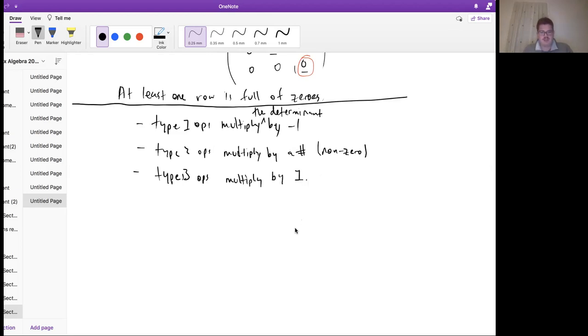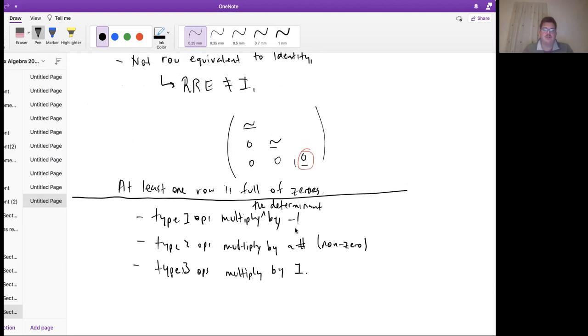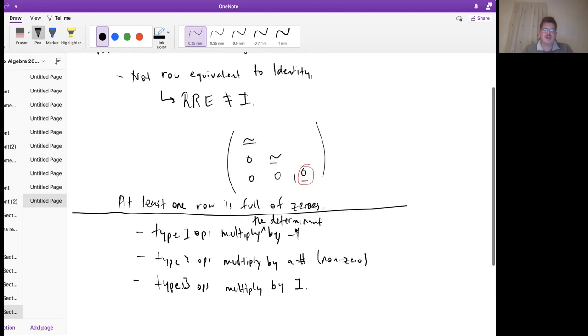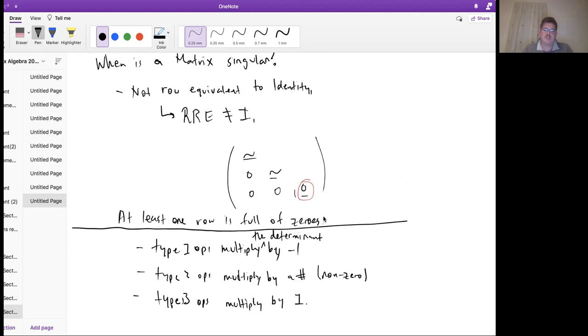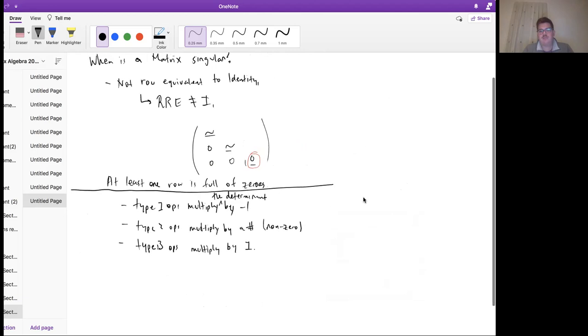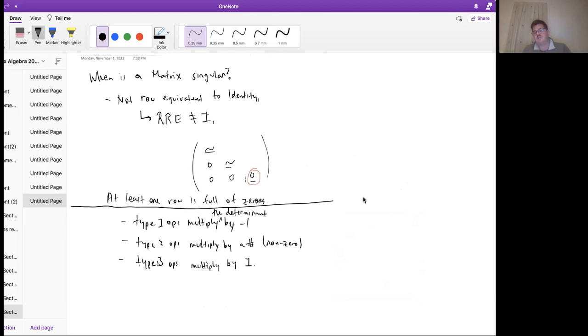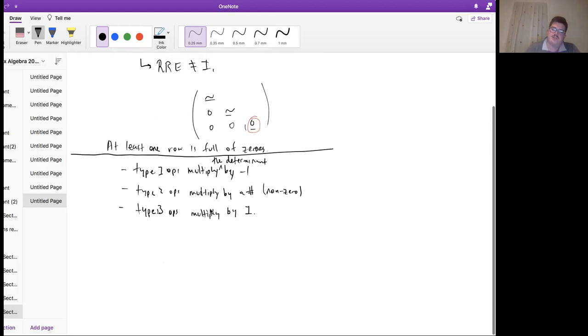So do you see how, if you have a row full of zeros and it's not row equivalent to identity, then to determine if a matrix is singular, you can do a row reduction. So here's what I'm saying.